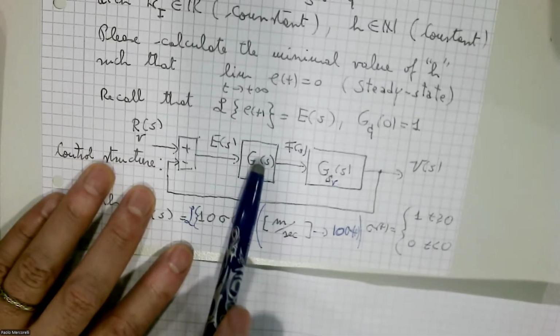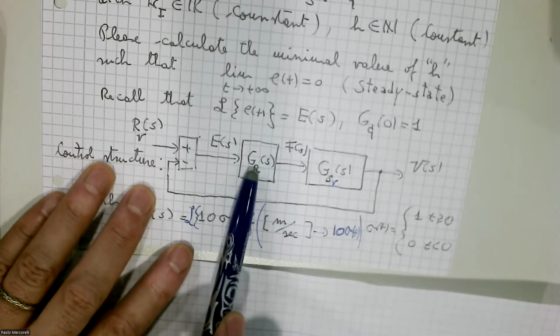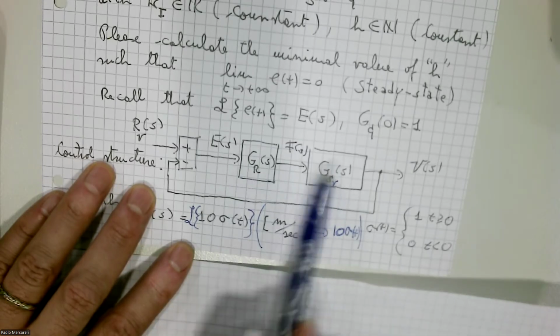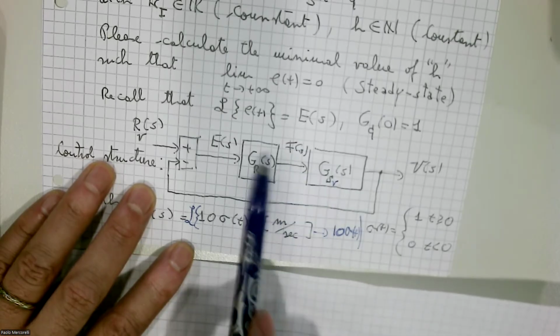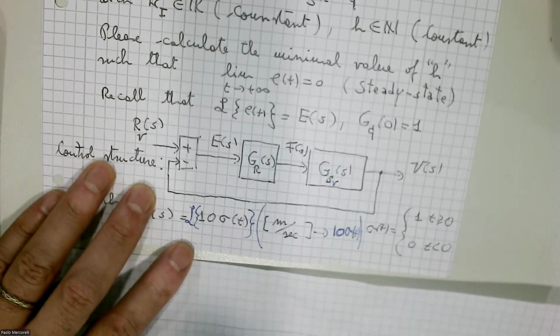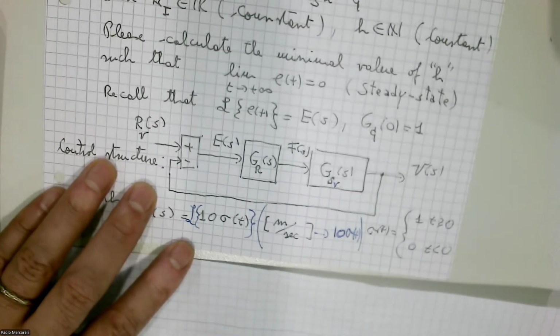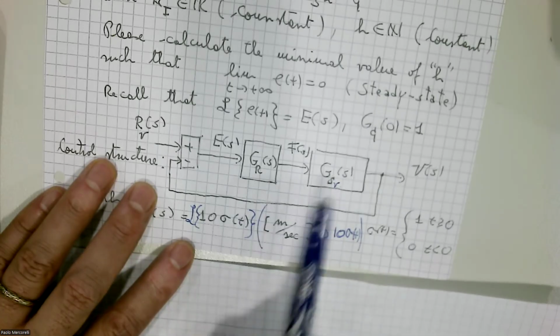But now, if you look at this scheme here, we have here Ki divided by S, multiplied by GC of S. If you multiply these two blocks, you remember this G_OL, open loop gain, or the loop gain, different with the notation.